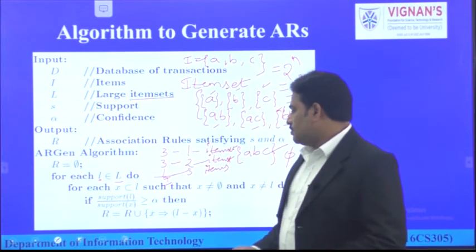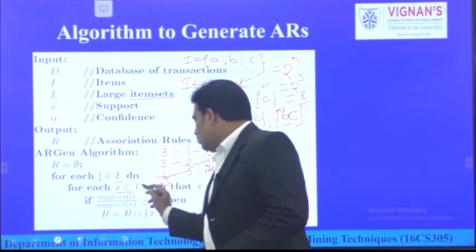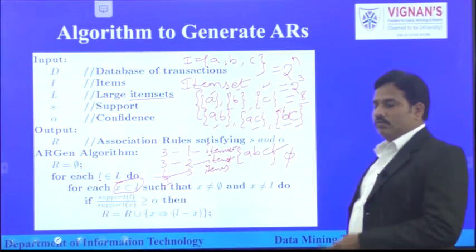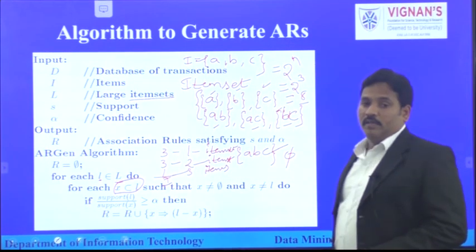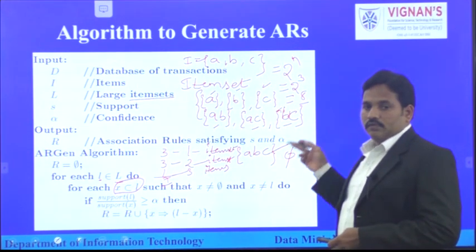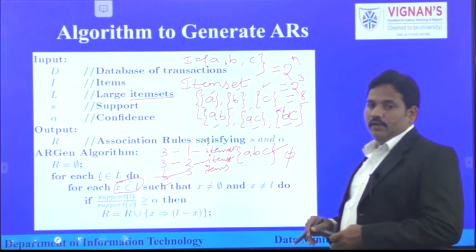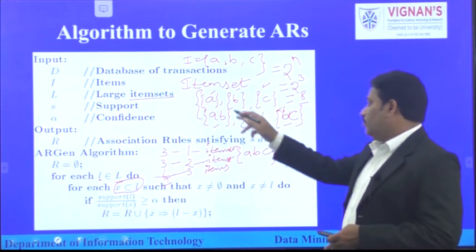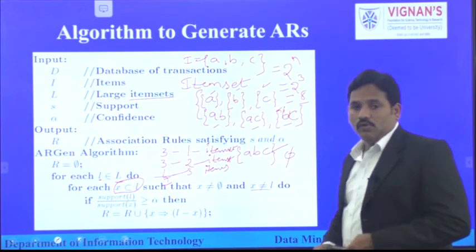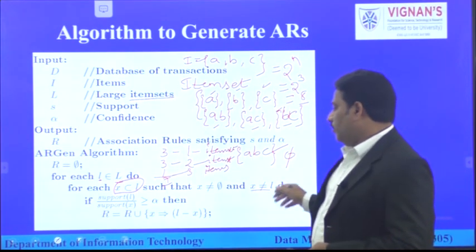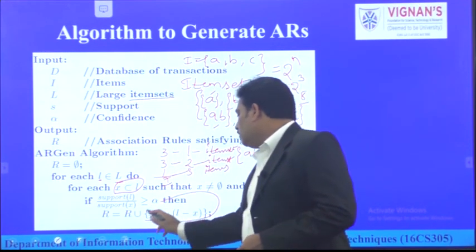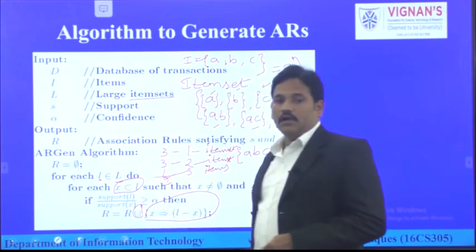And we are repeating the process for each x belonging to l such that x is not equal to null, that is, any item they have to purchase. Out of 8, if we exclude the null value, there is a possibility of purchasing these 7 item sets, and x is not equal to l. And we have to repeat this process, and if we find any rule, we add that rule to the existing rules, that is R union.